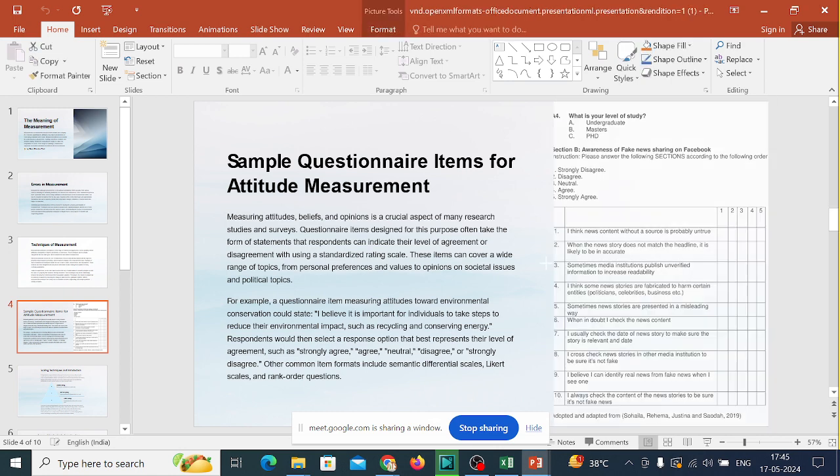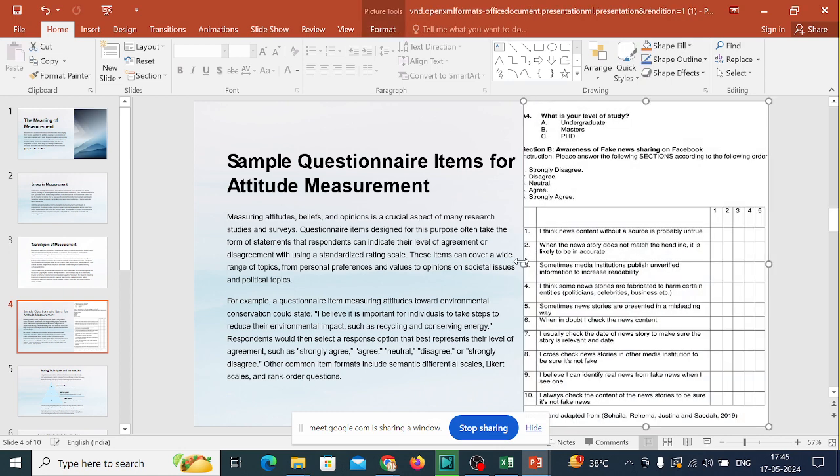Now, sample questionnaire items for attitude measurement. Measuring attitude, belief, and opinion is a crucial aspect of many research studies and surveys.